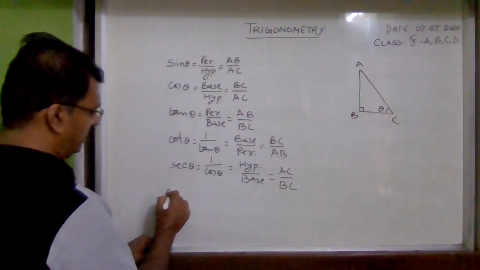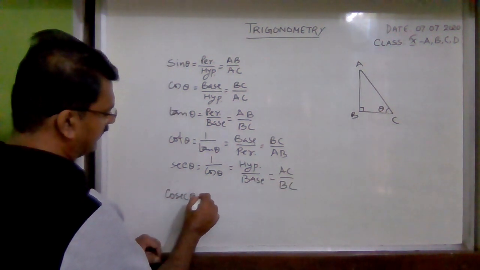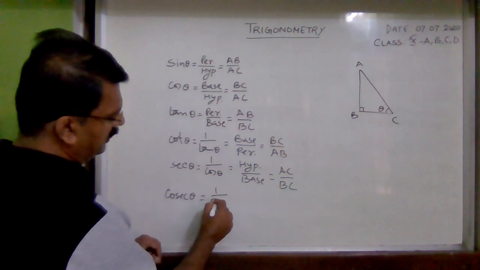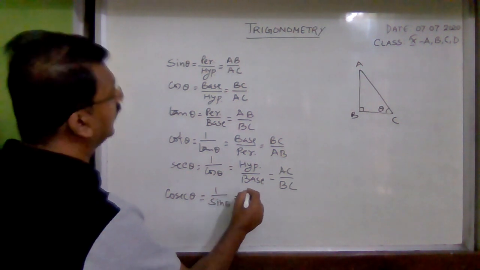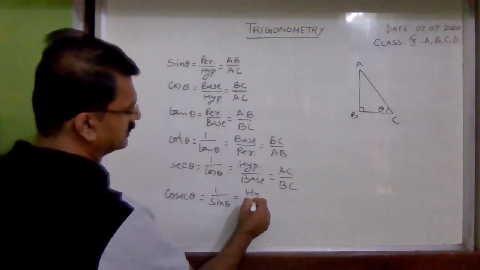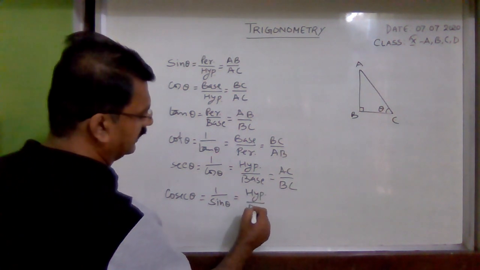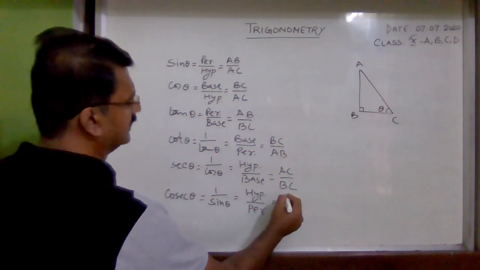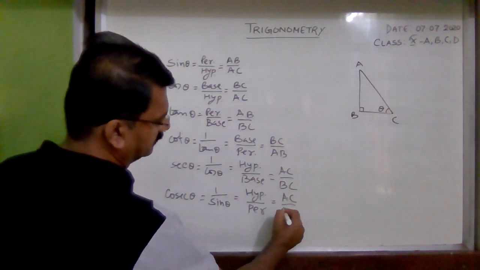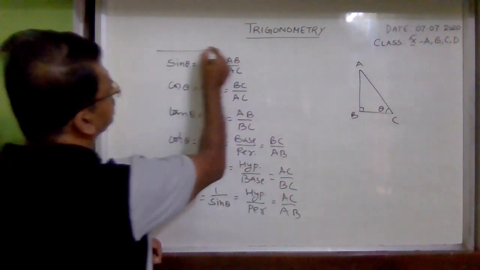And the last but not the least, cosec theta, the reciprocal of sine theta, is hypotenuse upon perpendicular, that is AC upon AB.